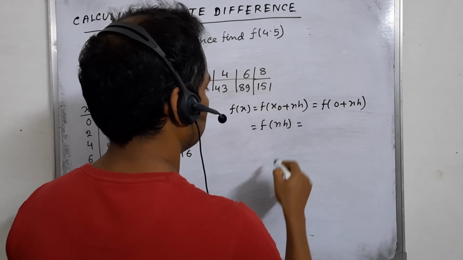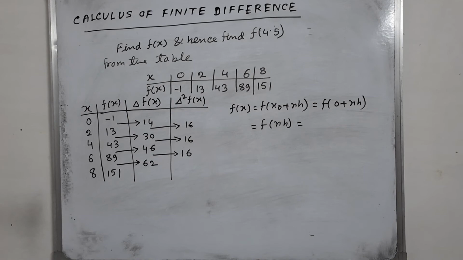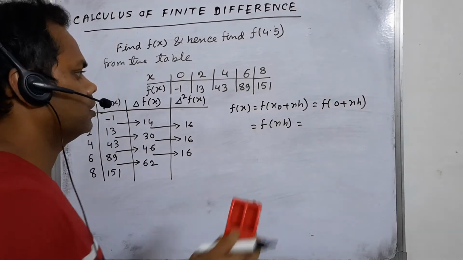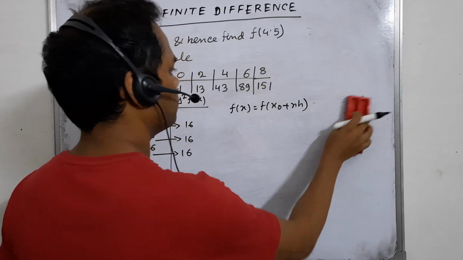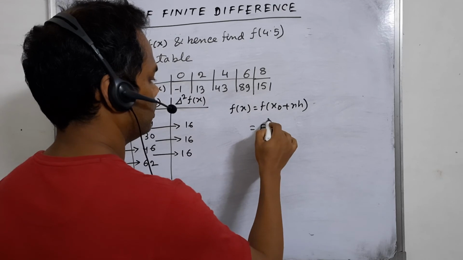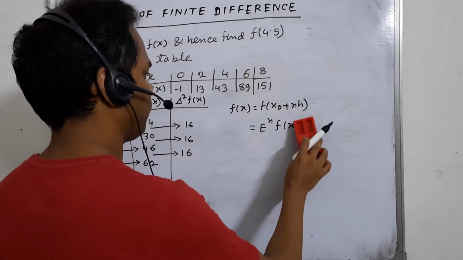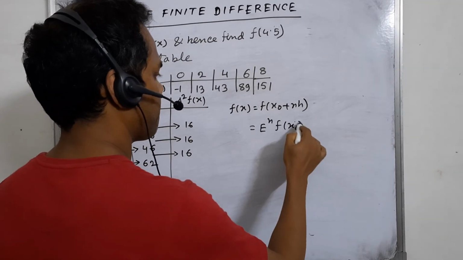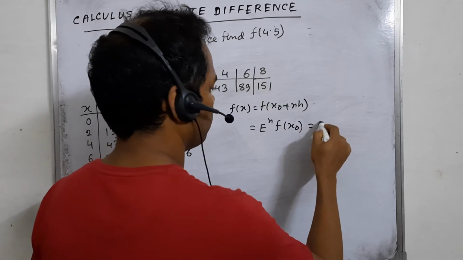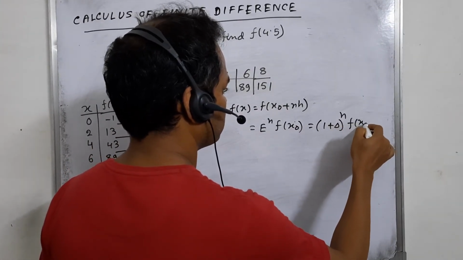We can write this term using the shifting operator. This one is E to the power n fx naught. Now E is equal to 1 plus delta, whole to the power n, fx naught.